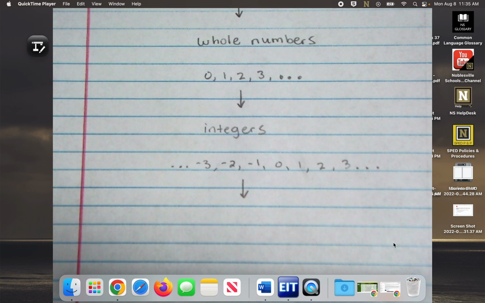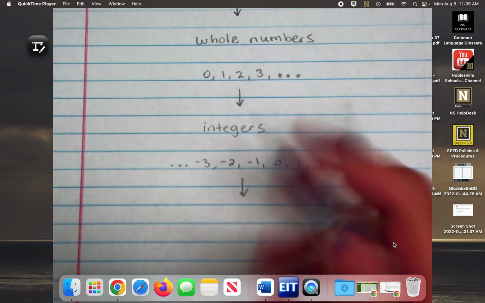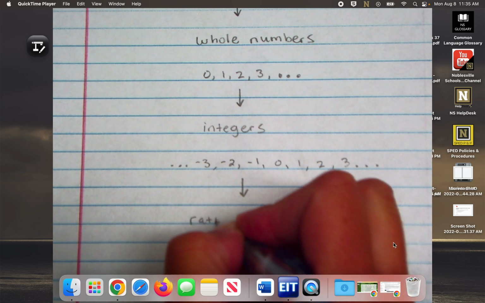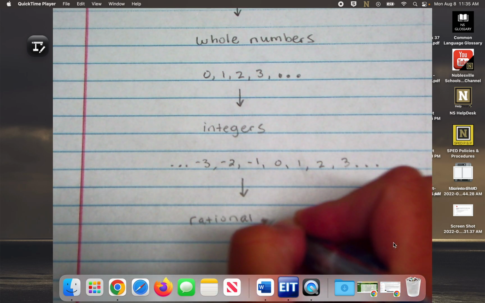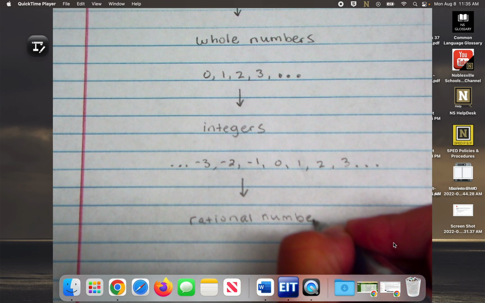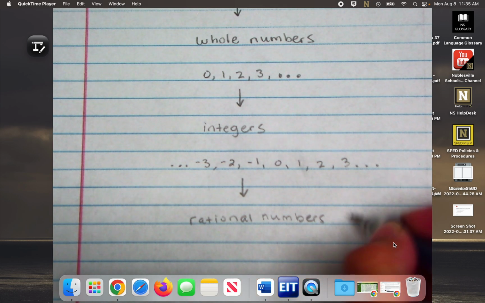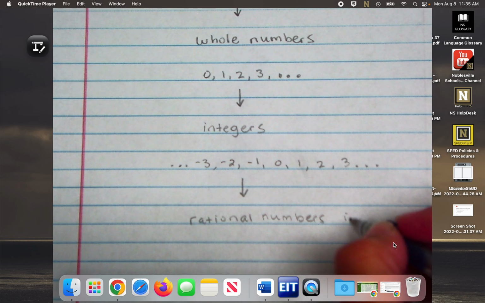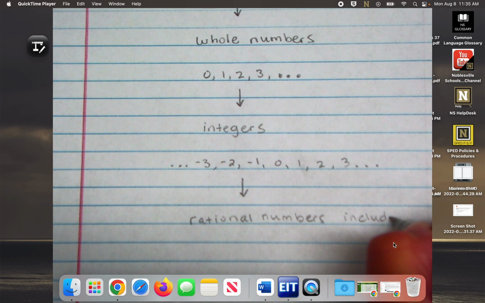And then all of these numbers, all the way down, can now fit into the category of rational numbers. And this is where those fractions come in.